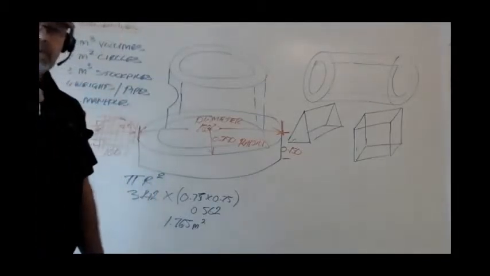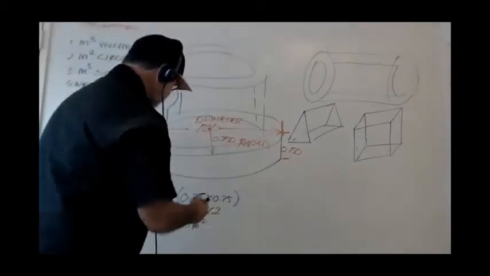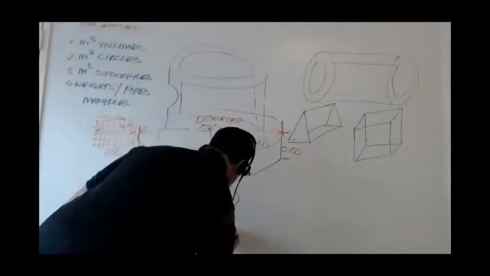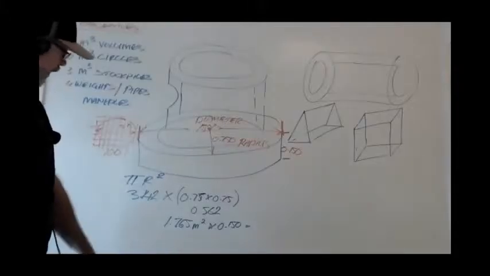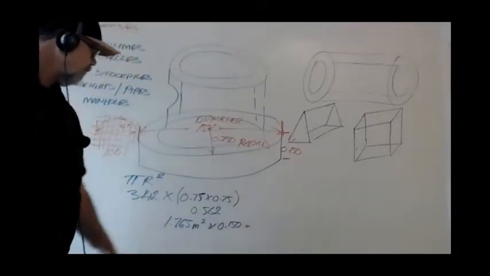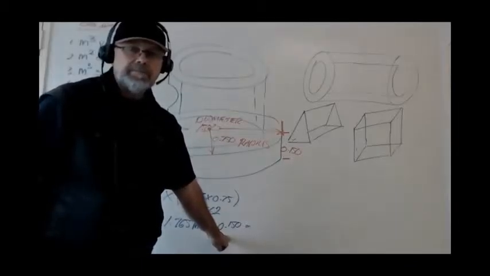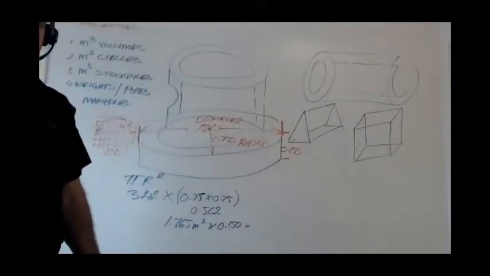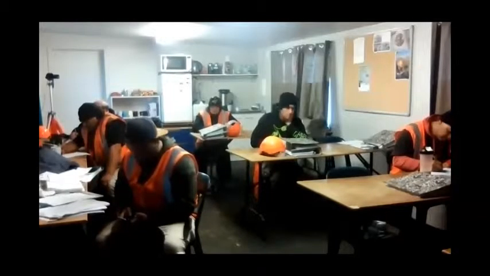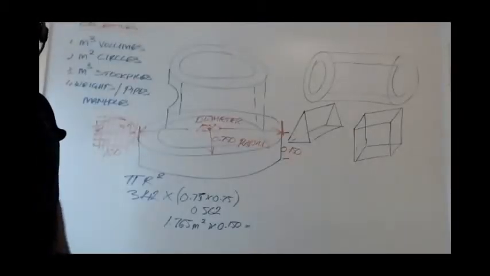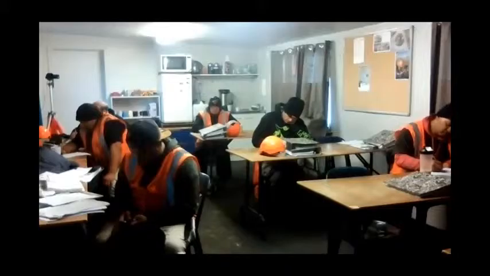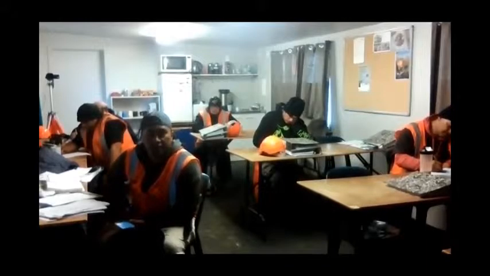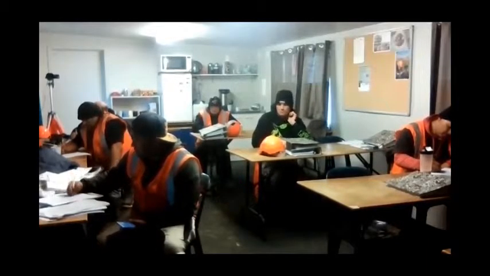The way that we work that out is we just multiply that number there by 0.150. Very good. You're onto it. So if you go 1.765 multiplied by 0.150, you get 0.264.